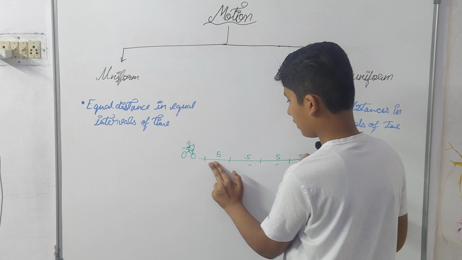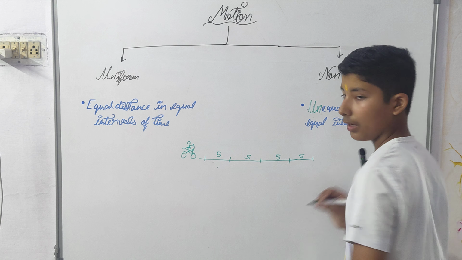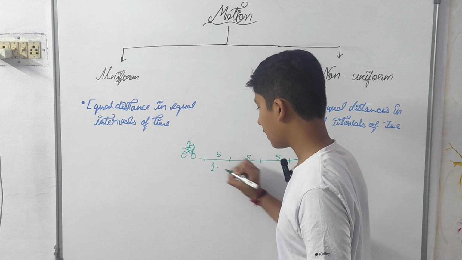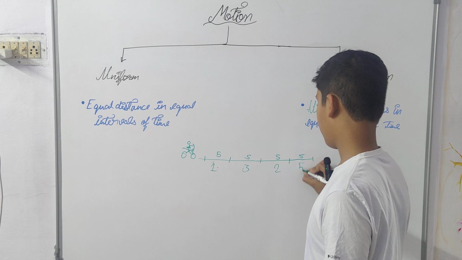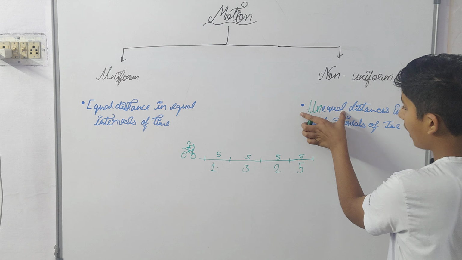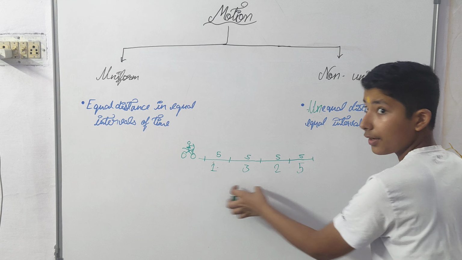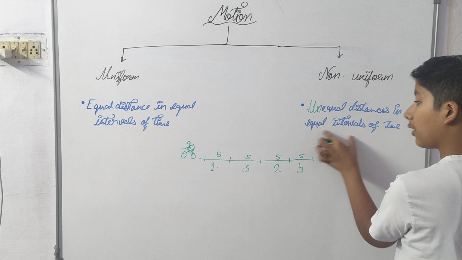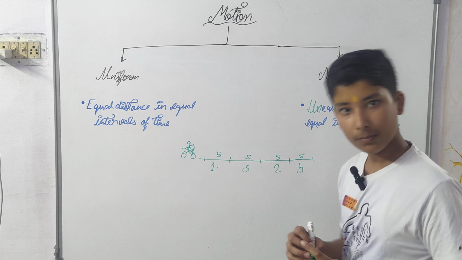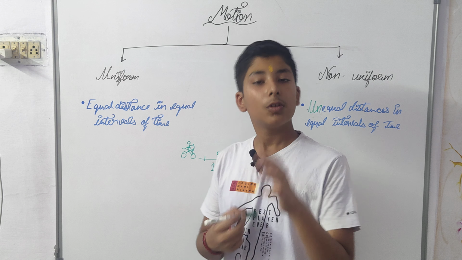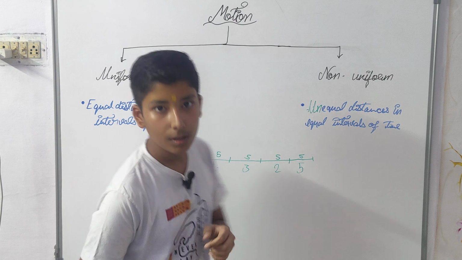Let's say this is the time, 5 minutes. In the first 5 minutes it covered 1 kilometer, another 3 and 2 and 5. So it covered unequal distances in equal intervals of time. Okay, so this will be non-uniform motion.